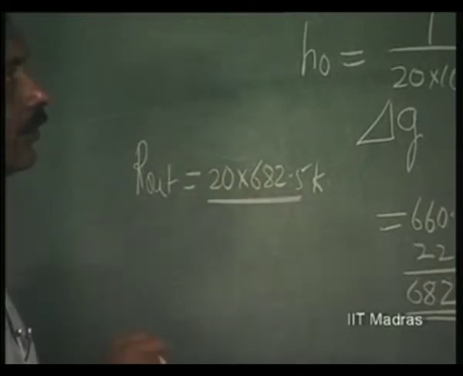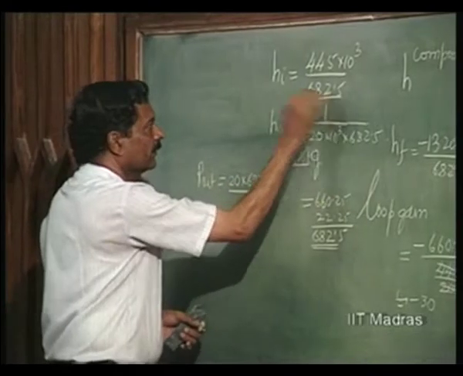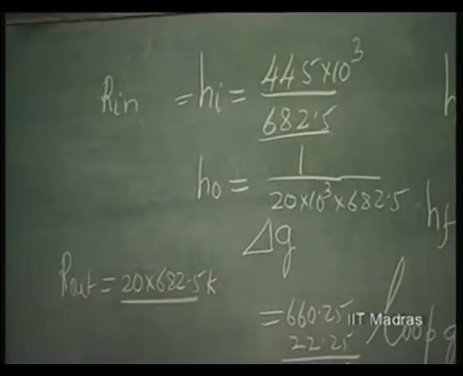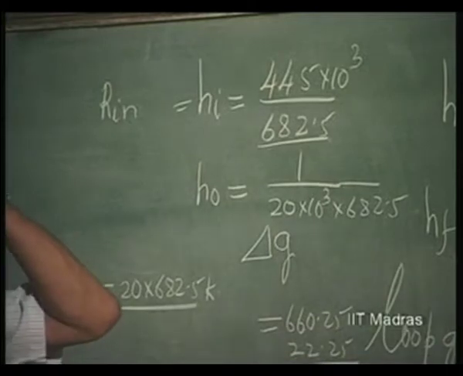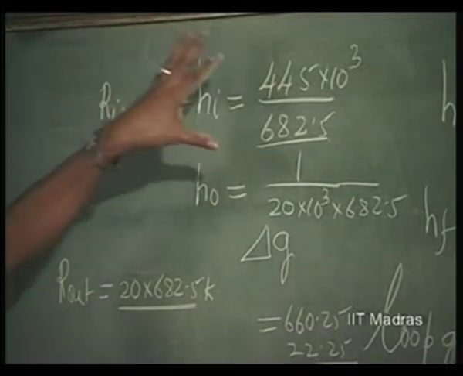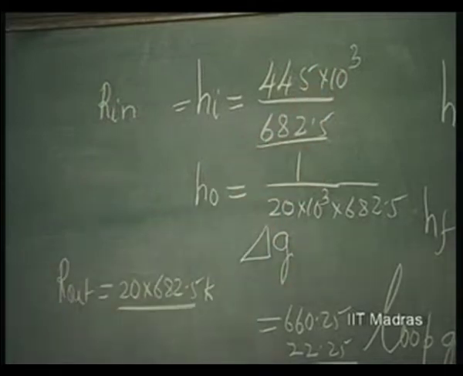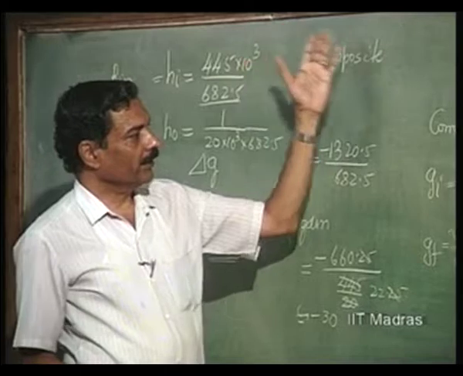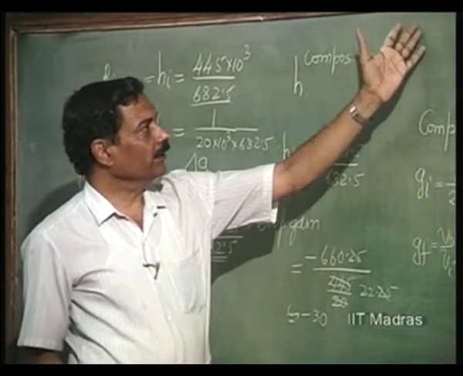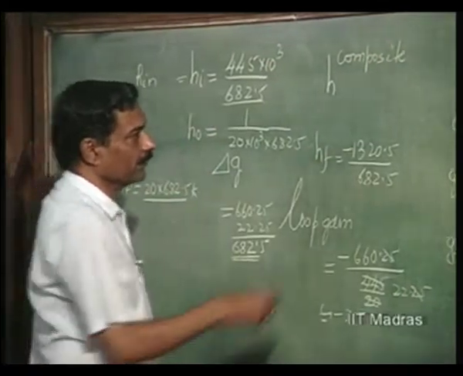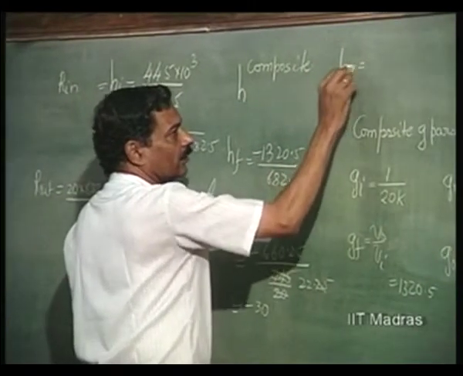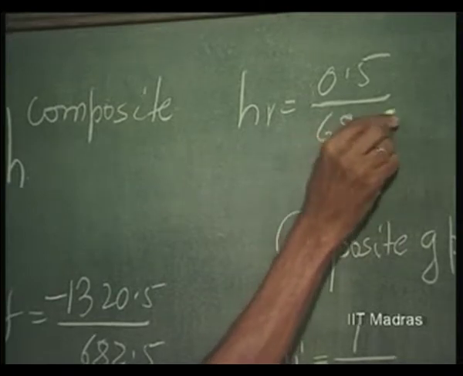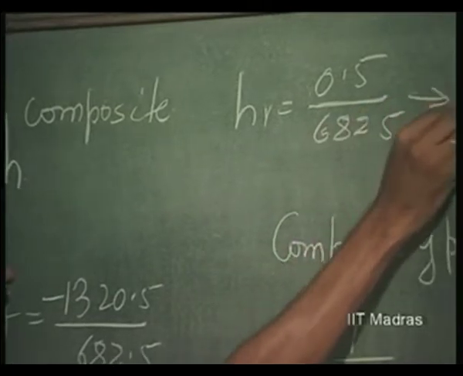So, you can see that because of negative feedback, now all these parameters have got modified. H I goes towards 0, H naught goes towards 0, H R also goes towards 0, which is H R is going to be 0.5 divided by 682.5, goes towards 0.